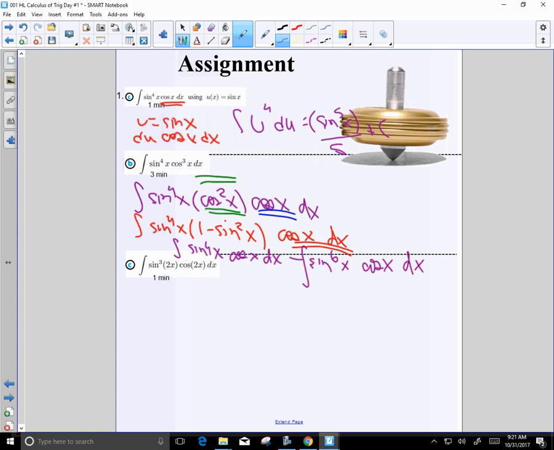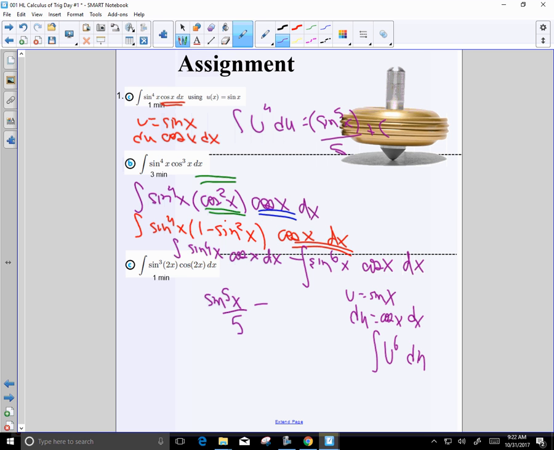Now are these both workable? Yep. So this is just like the first one, sine to the fifth x over 5, not x over 5. And then this one is just going to be, if u is sine x, du is cosine x dx, you have u to the sixth du.